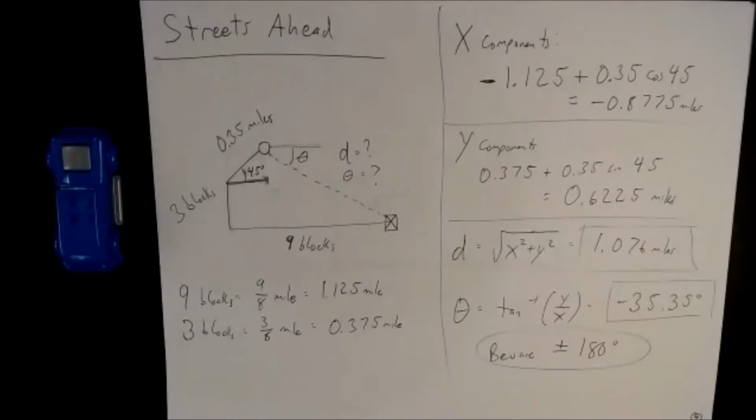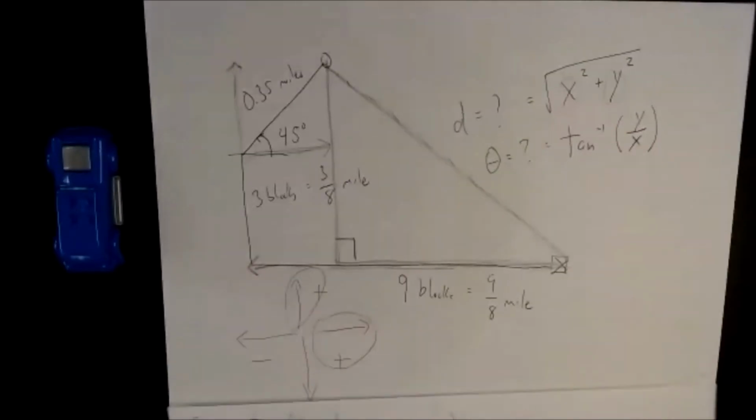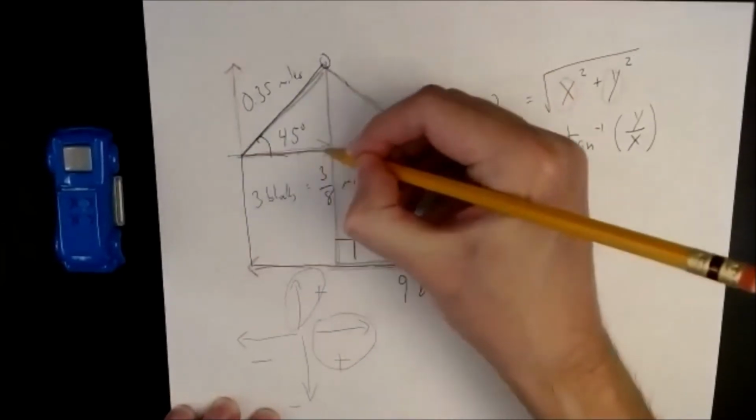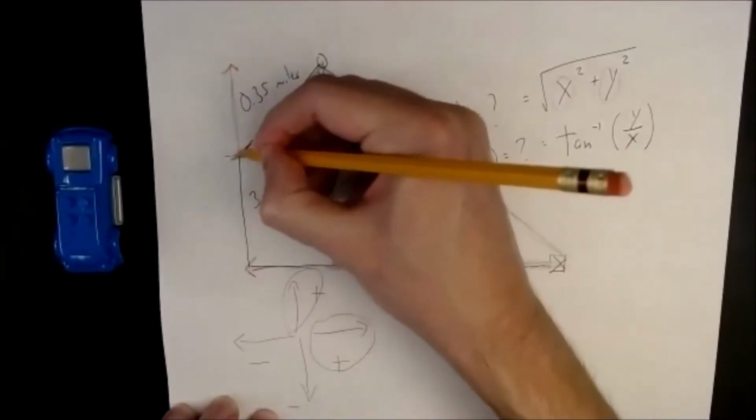SOHCAHTOA tells us that sine is opposite over hypotenuse, cosine is adjacent over hypotenuse. Well, let's zoom in on this right here. We're looking at this triangle, trying to figure out the components of this triangle.